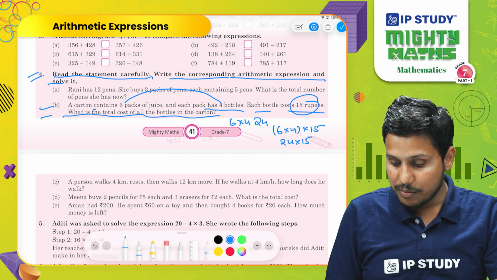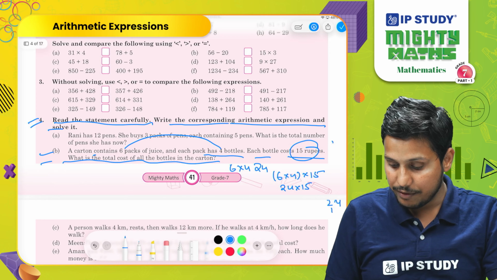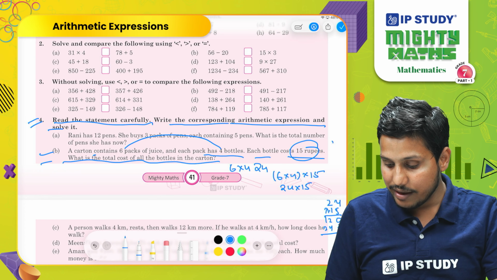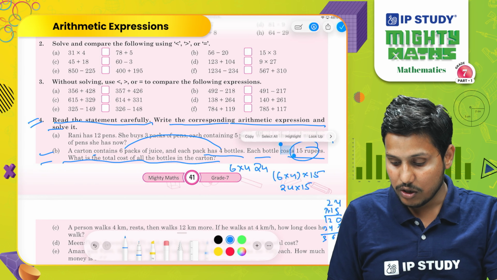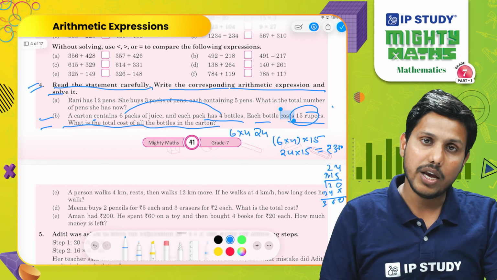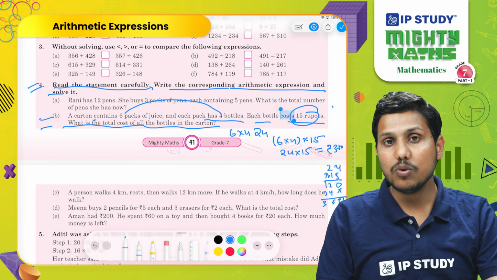Okay. So let's see what will be the result of 24 multiplied by 15. So it will be 120, then 240, and that will give us 360 rupees. So the total cost will be 360 rupees. So this is how we have to convert the statements to expressions and expressions to their values.